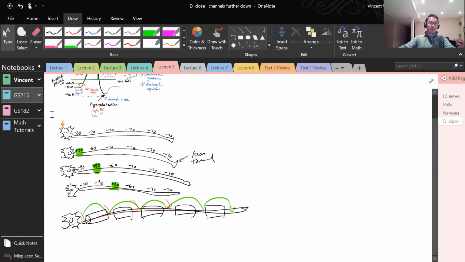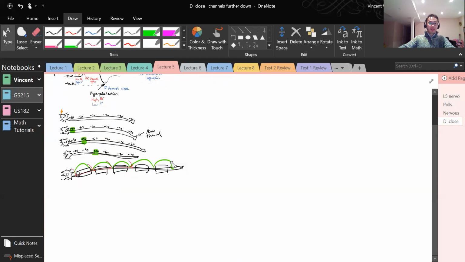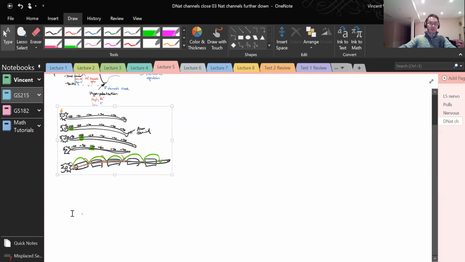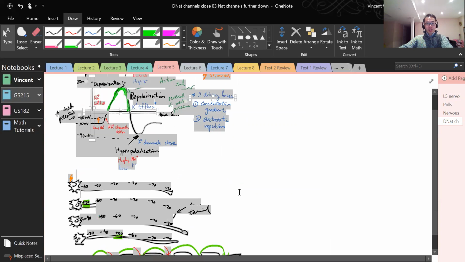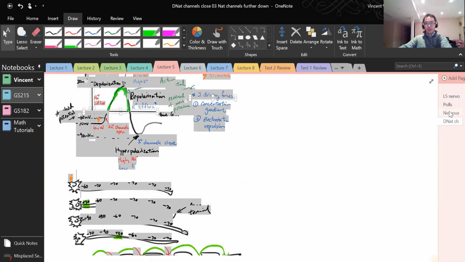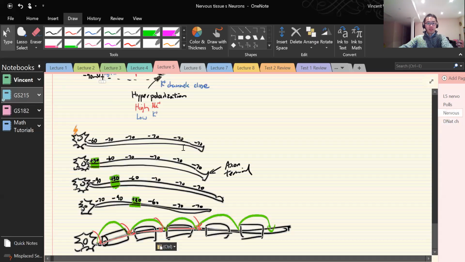The drawings always get progressively bigger. I don't know why. Just make it smaller here so I can fit more stuff. Let me take all this stuff and put it here so it will all be on the same page. There we go.